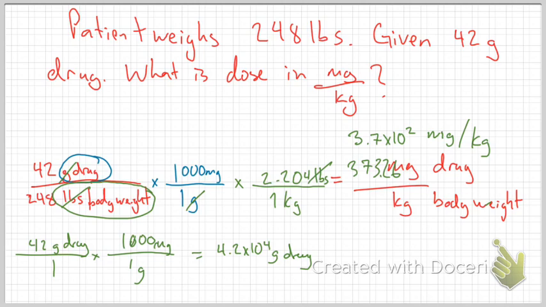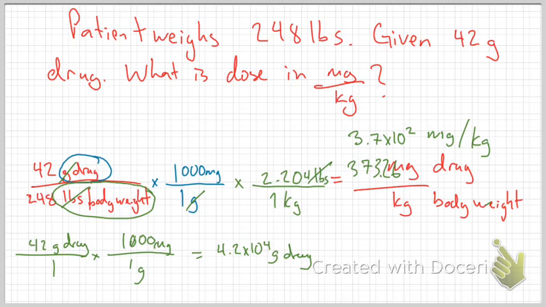Lena's question is, how is 3.7 times 10 to the second more accurate than 373.26? It's not. That's the whole point. We only know how precise this answer is to two significant figures. This answer has much more precision, and so we don't know this. This is a lie. We only know 370, or 3.7 times 10 to the second. We know it's two significant figures.